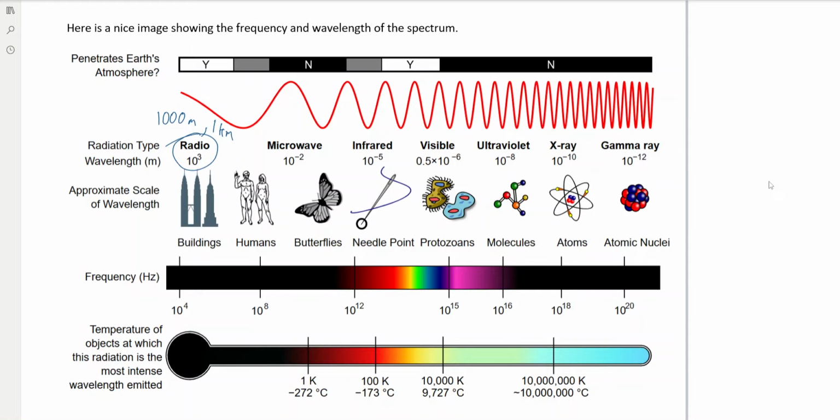And then we go on to microwaves, which are shorter. They're 0.01, yeah, 10 to the negative 2, that would be correct, meters, or 1 centimeter.